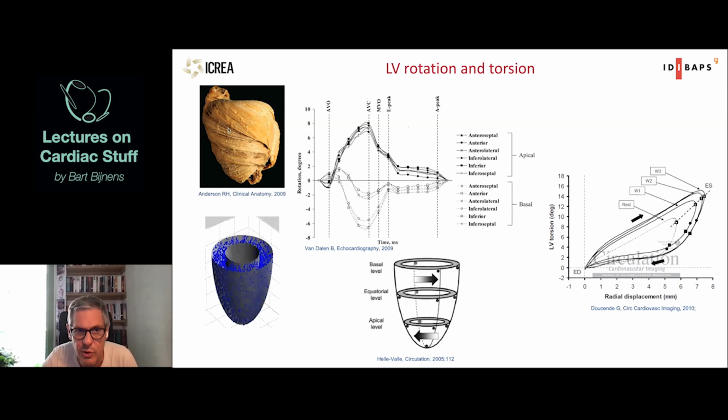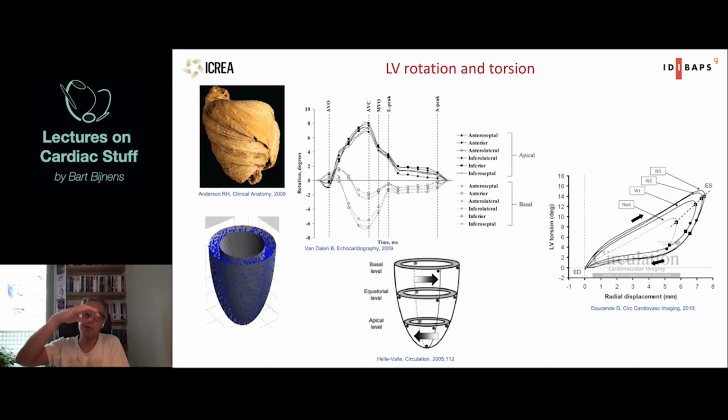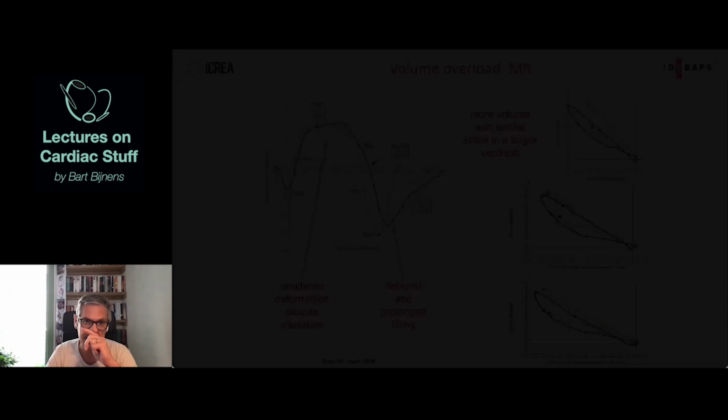The reason is the fiber orientation of the myocytes within the wall: endo- and epicardial myocytes are oblique. When they contract, they drag the base towards the apex, but at the same time they rotate the base relative to the apex. So you have rotation during systole and then derotation, or untwisting, during diastole.